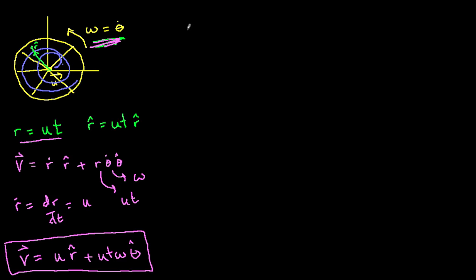So remember that r hat is equal to cosine theta in the i hat plus sine theta in the j hat, and theta hat is equal to minus sine theta in the i hat plus cosine theta in the j hat.